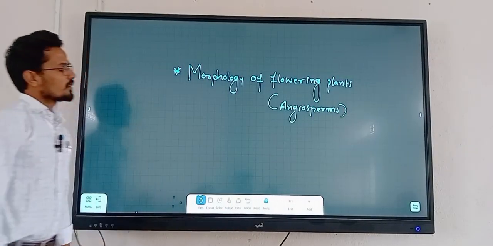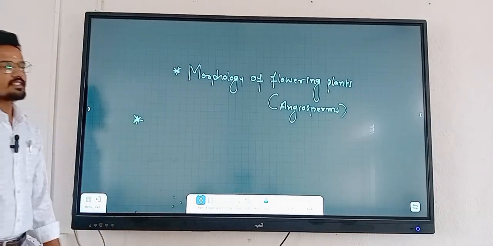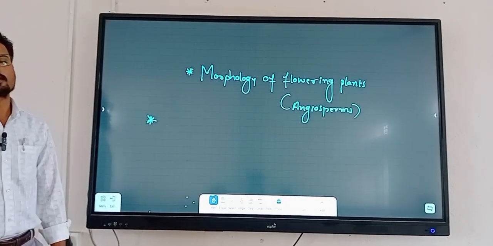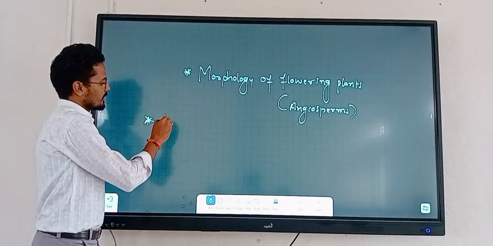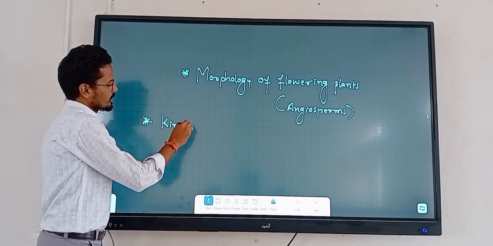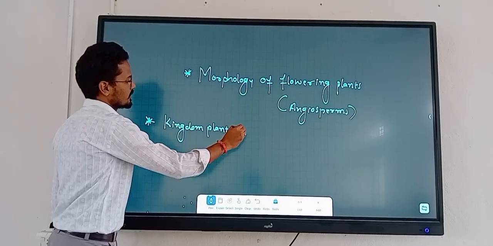According to the classification, when we see the five kingdom classification, the plants are considered as kingdom Plantae.